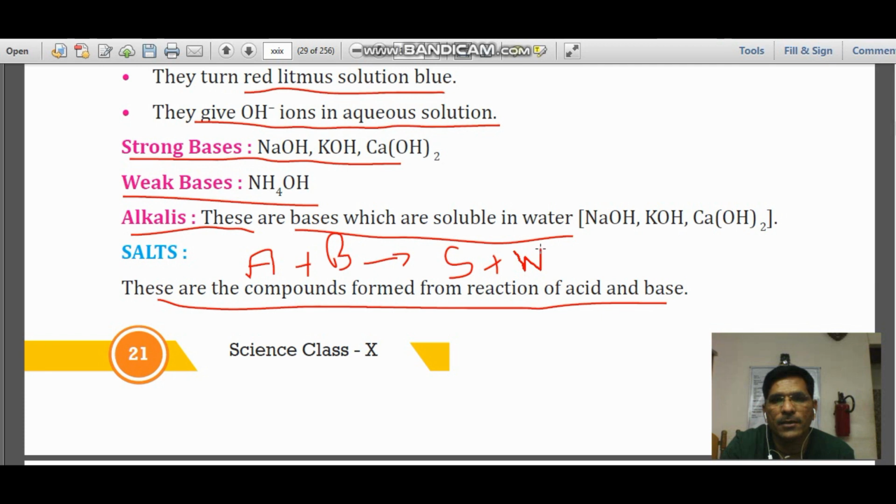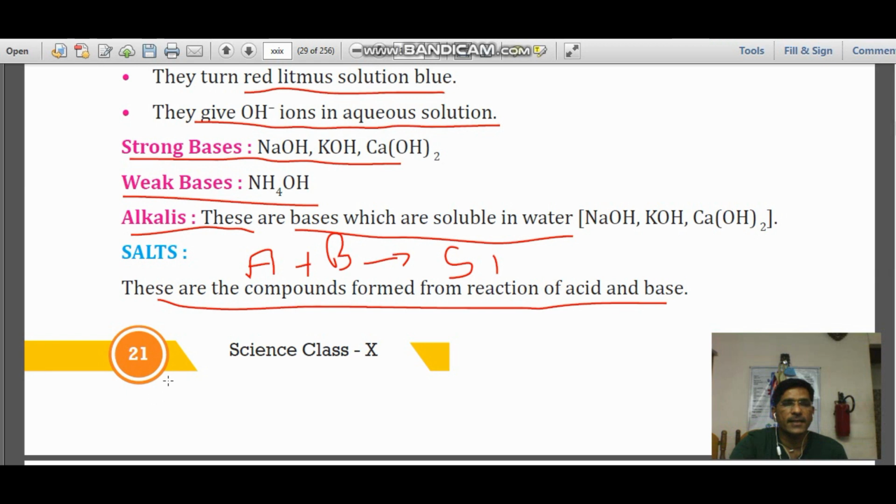Now we will see an example, discussing acid plus base.